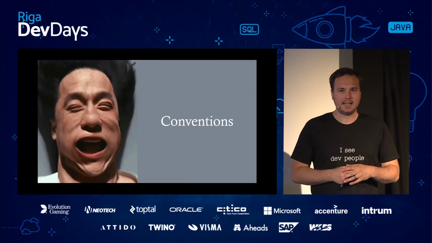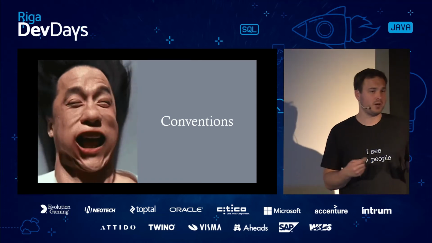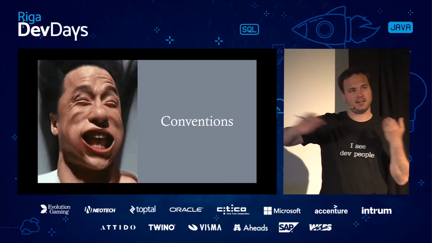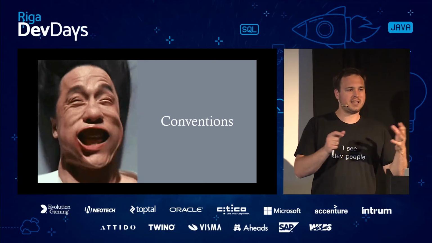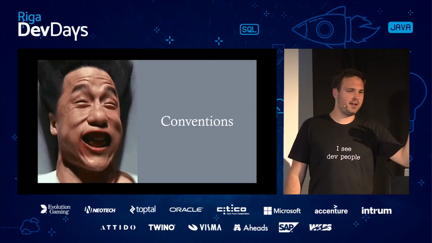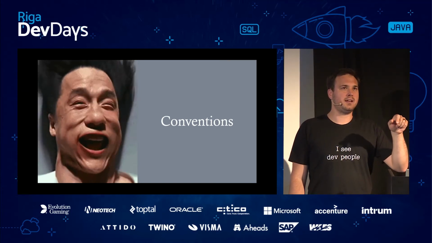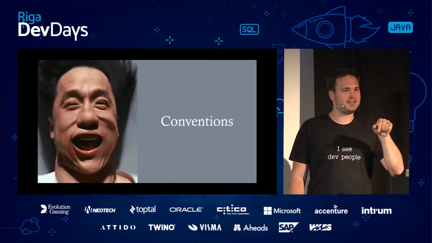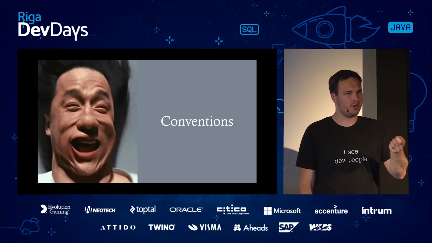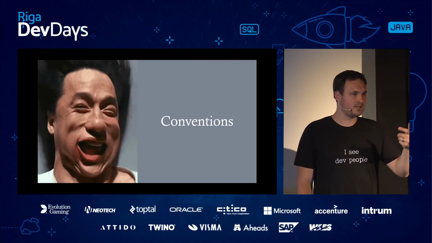MVC out of the box makes it possible for POCO classes to be controllers, as long as they have a suffix of controller. So you can leave out all the MVC stuff and just have a class called foo controller with some actions. And if you have a function called post and get inside of there, it's already inferred as a get request and a post request. That is all conventions it uses.